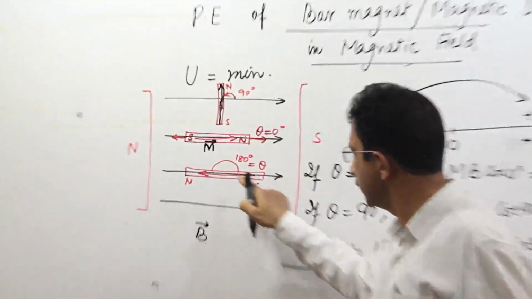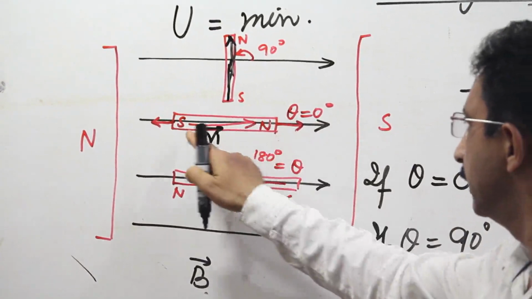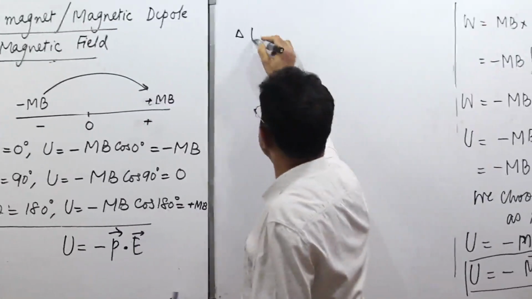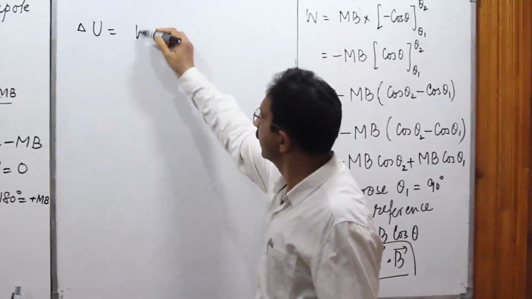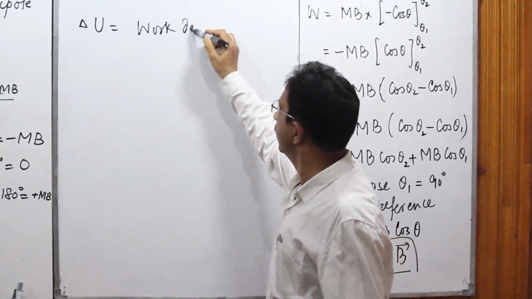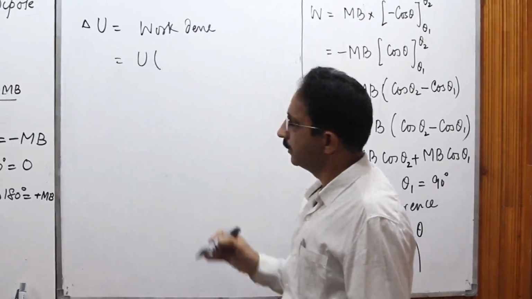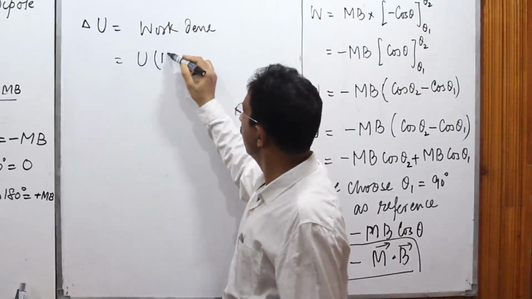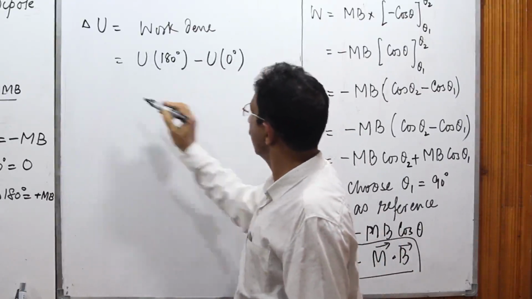Now finally, I would like to determine how much work would be required to be done if we make a magnetic dipole pass from this position where M is anti-parallel to B to the position where M is parallel to B. तो इसका तरीका ये होगा कि this would be the difference of potential energy which will be equal to work done, and this work done can be found as U at the value of theta equal to 180 degree minus U at value of theta equal to 0 degree.